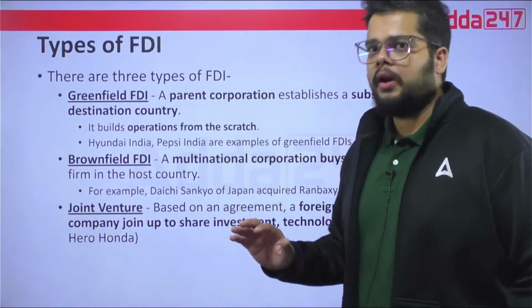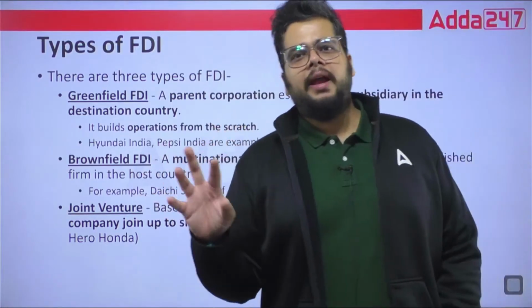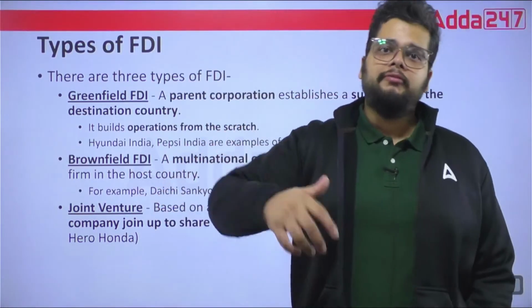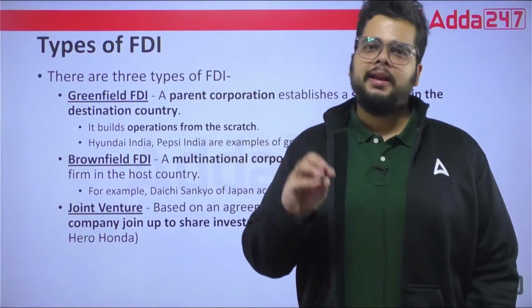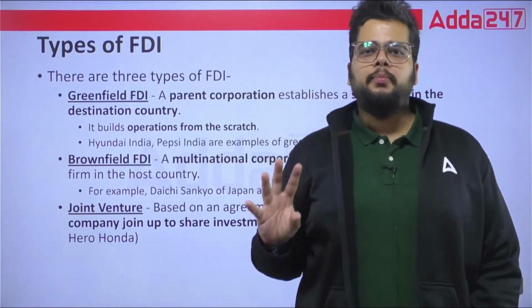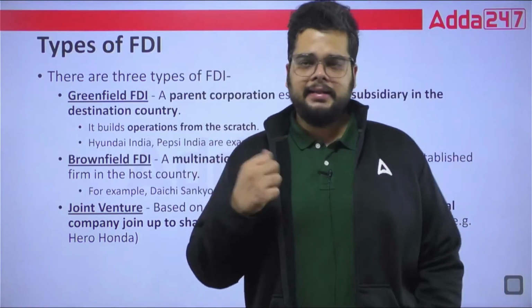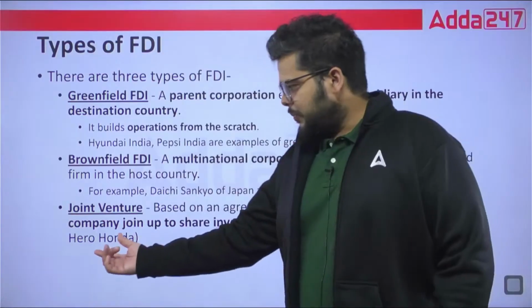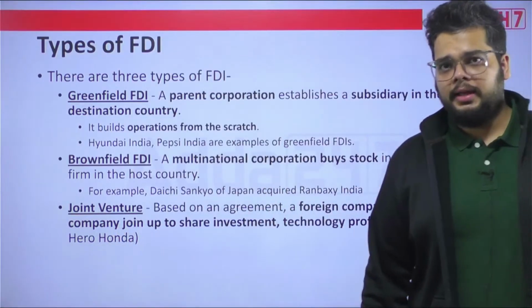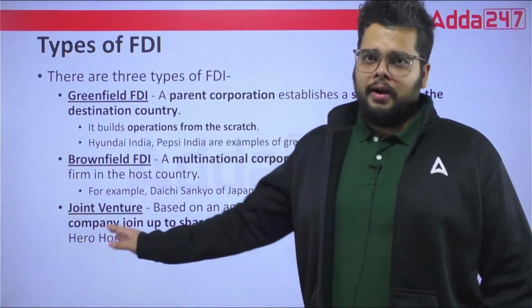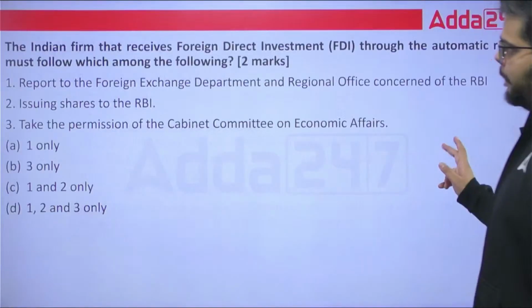So there is no dilemma that the foreign company will acquire you. No, nothing like that. You are here just to share the profit, share the investments and share the innovative ideas. The prime example of a joint venture is Hero Honda, Hero being an Indian company, Honda a Japanese brand.